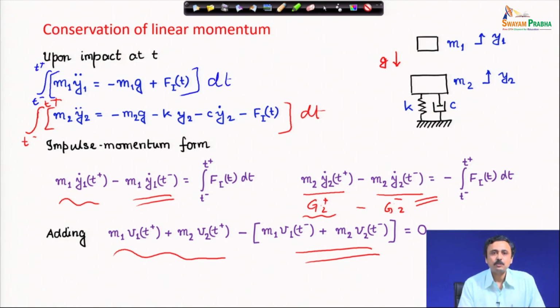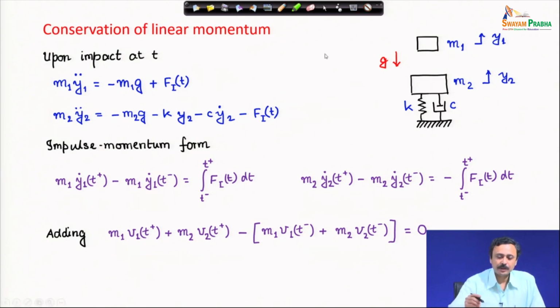The difference is 0, which means the total linear momentum of the system before and after the impulse is the same. So, the total linear momentum is conserved over a very short time duration.